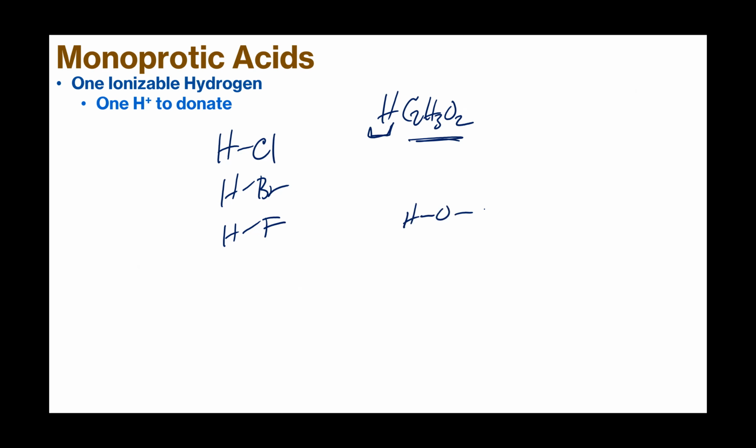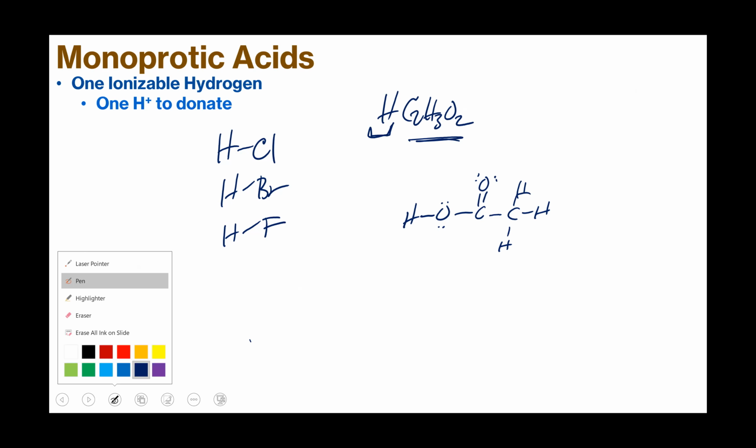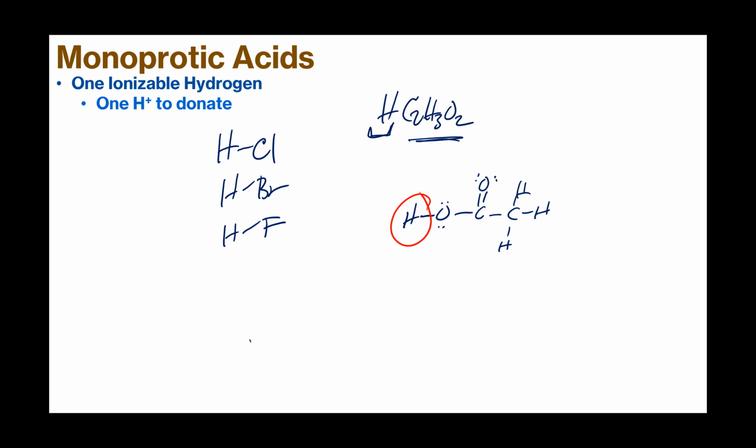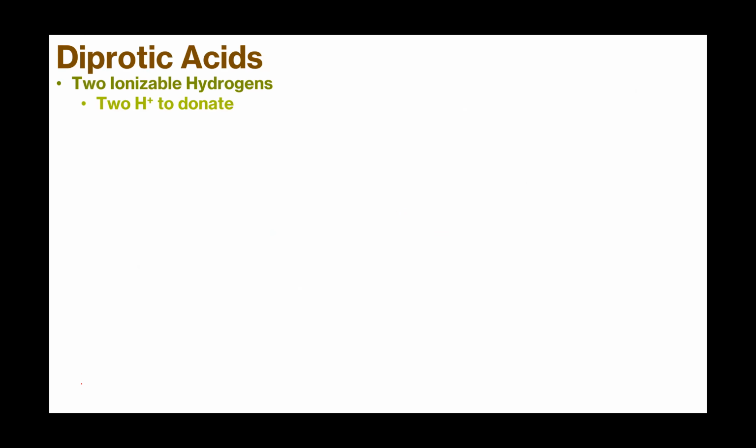If we remember, acetic acid looks like this. Only the OH here, this hydrogen, is the acidic hydrogen. These out here don't do anything acidic or basic. And so this is still a monoprotic acid. Monoprotic is just one hydrogen, and most acids are this way.